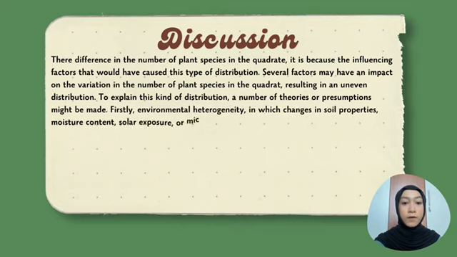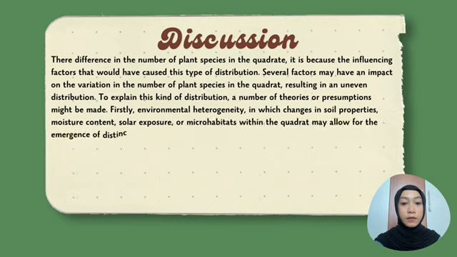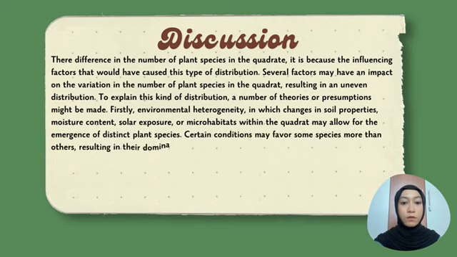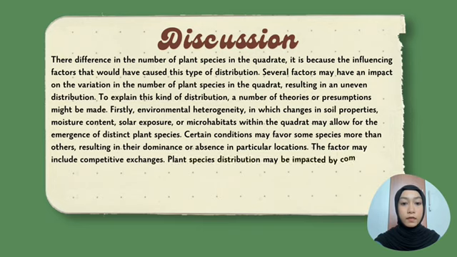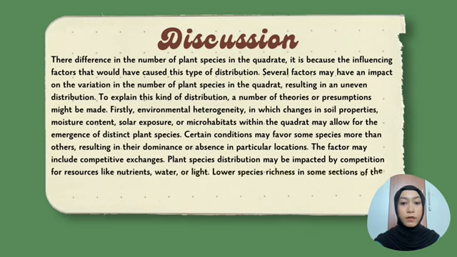Firstly, environmental heterogeneity, in which changes in soil properties, moisture content, solar exposure, or microhabitats within the quadrat may allow for the emergence of distinct plant species. Certain conditions may favor some species more than others, resulting in their dominance or absence in particular locations. The factors may include competitive exchanges.